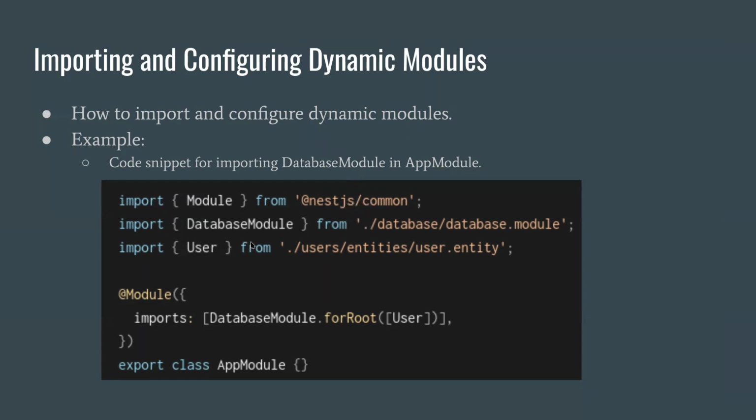Here you can see that we're importing DatabaseModule, and we have the module decorator, and inside the imports property, DatabaseModule is configured with the User entity. This approach allows for flexible and dynamic configuration of modules at runtime.